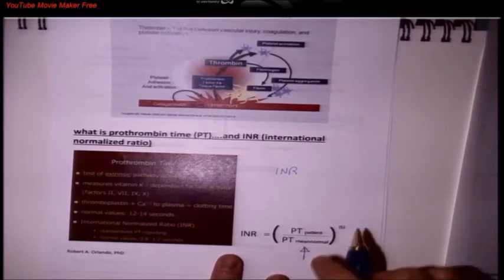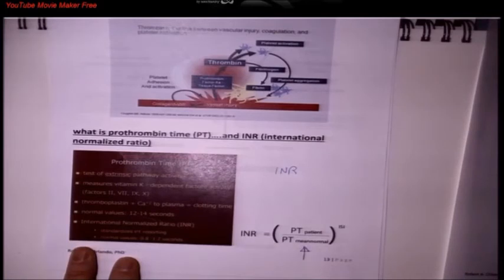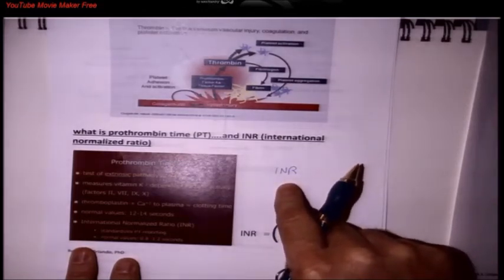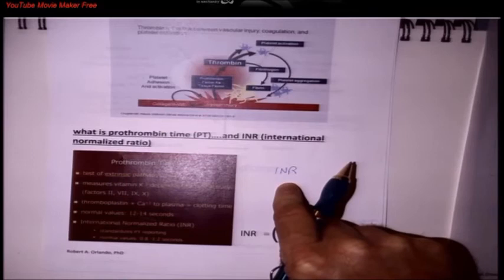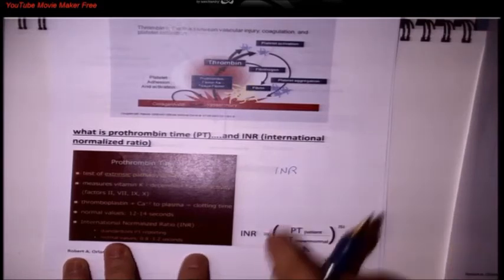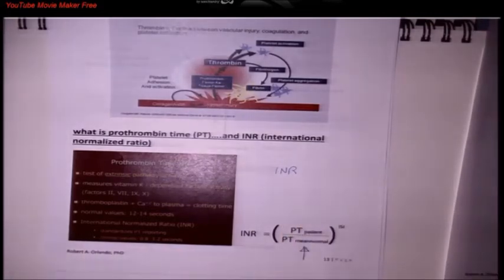And the sole function of this is the word normalized, so that you can compare these results from one lab to another, and one clinic to another, one hospital to another. Because, again, remembering, these are laboratory tests, and all laboratory tests will differ a little bit between labs. So the INR is simply normalizing so that you can compare the value across different clinics. Okay?